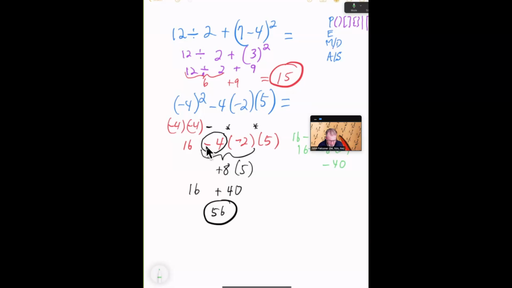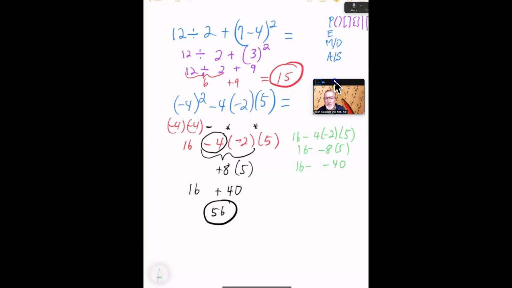And we're still subtracting that. And then you end up with 16 minus negative 40, right? We just bring down, excuse me, I'm covering part of this. So we have 16 minus 4 times negative 2 times 5. And then we have 16 minus 4 times negative 2 is negative 8. And then negative 8 times 5 is negative 40. And so we had 16 minus negative 40.